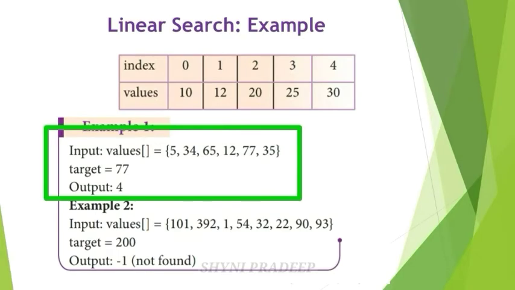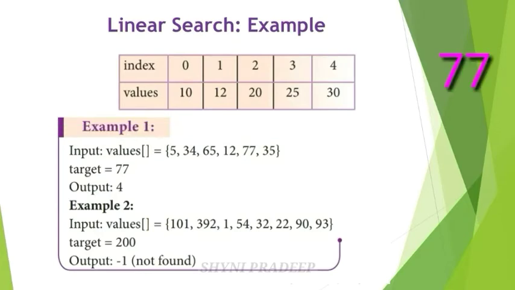So now you have to search the key element 77 against each element in the list one by one. So check the 77 with the 5. Not the same. Next 34, not the same. Next 65, not the same. Next 12, not the same. Next 77, so this is also 77. So it is the same. So you found that element 77 in the list.